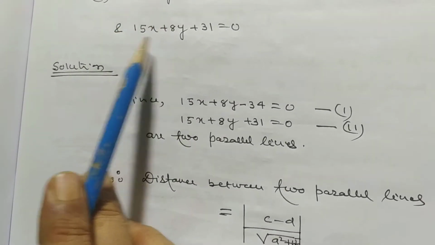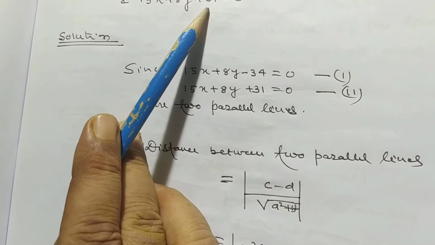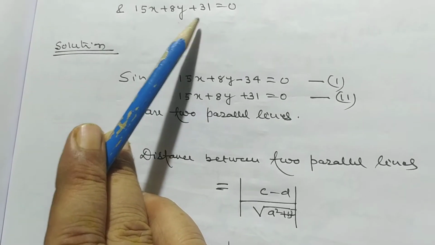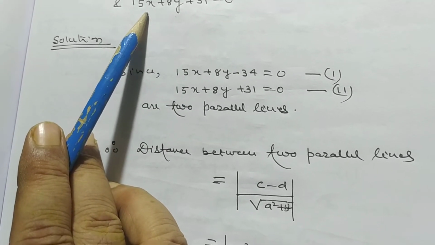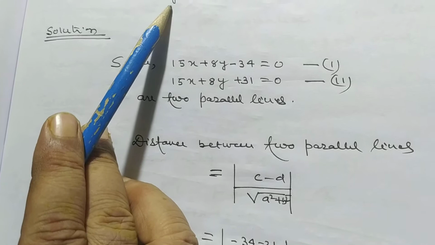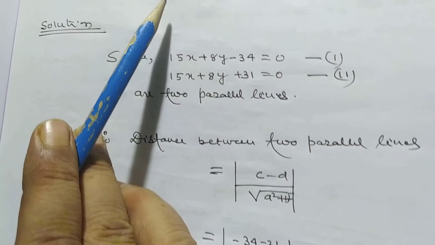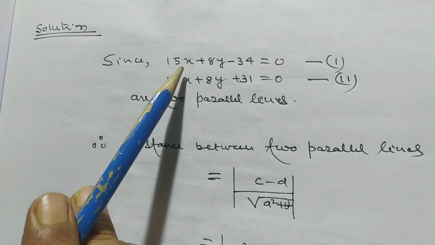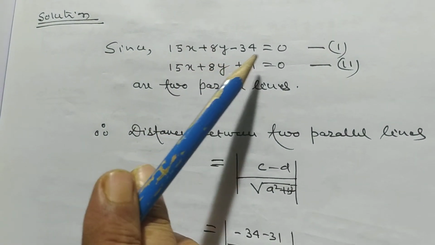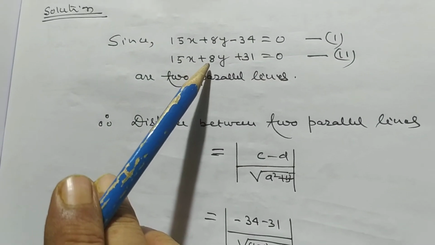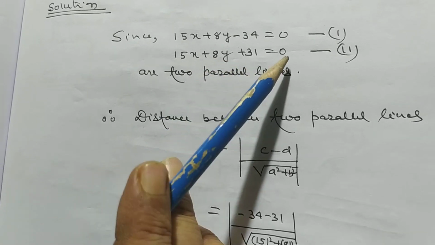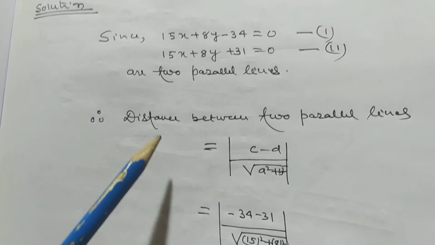Because these two lines are parallel, there will be a difference only in the constant term, with no difference between the coefficients of x and y. You keep in your mind that this is a special, important point. Now 15x plus 8y minus 34 is equal to 0 and 15x plus 8y plus 31 is equal to 0 are two parallel lines.